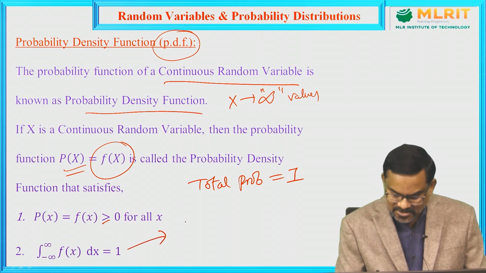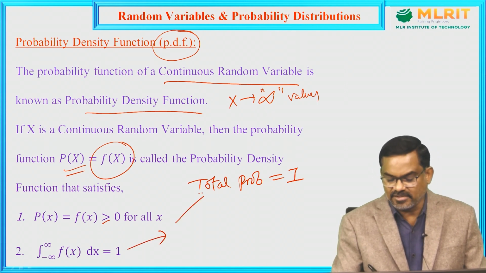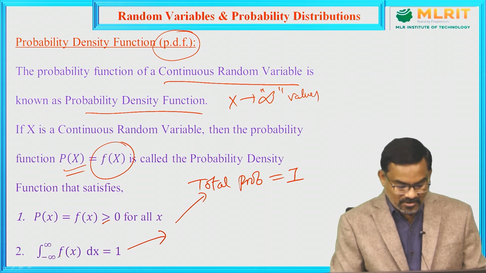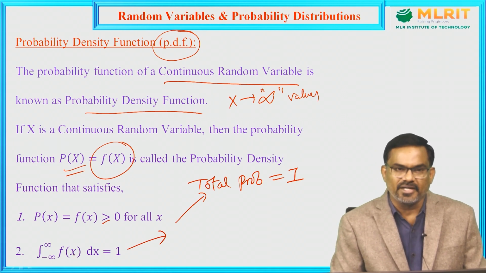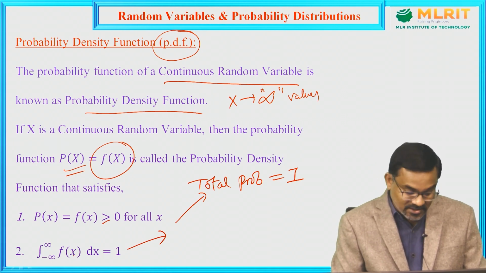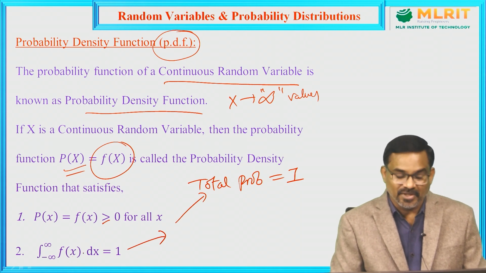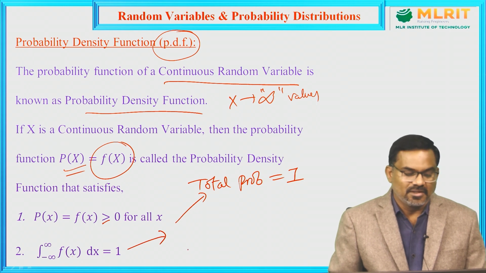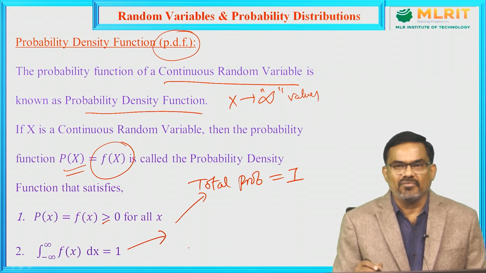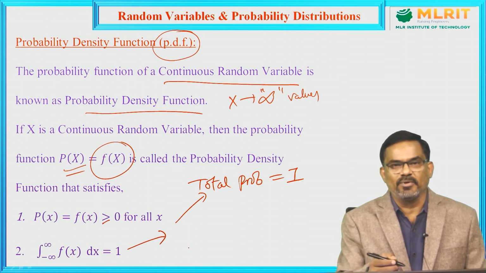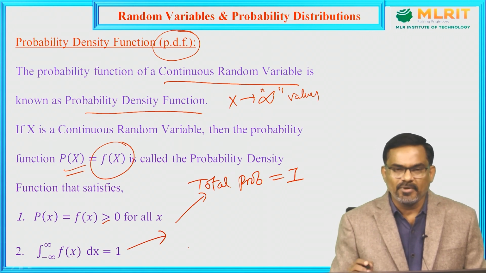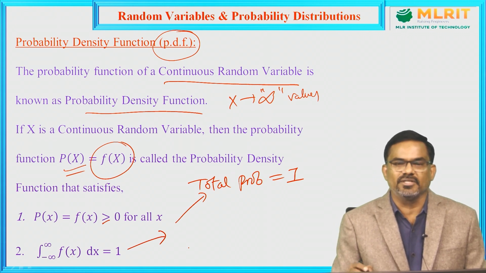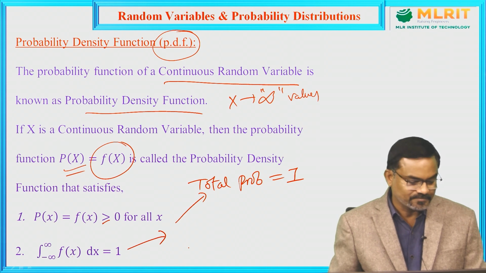Again this represents the same thing: the total probability is 1. Since this f of x gives the probability, this gives the total probability, which is always unity. Hence, the probability function of a continuous random variable is called the probability density function, and the probability function of a discrete random variable is called the probability mass function.